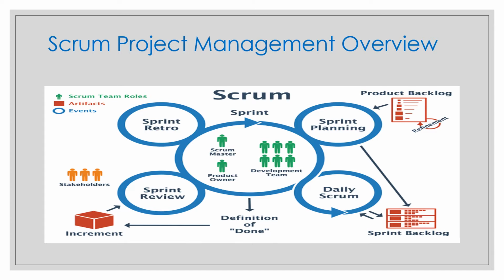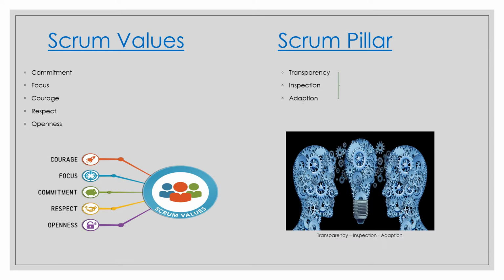Okay, so Scrum is founded on empirical process control theory, empiricism. There are 3 pillars upholding every implementation of empirical process control: transparency, inspection, and adaptation.